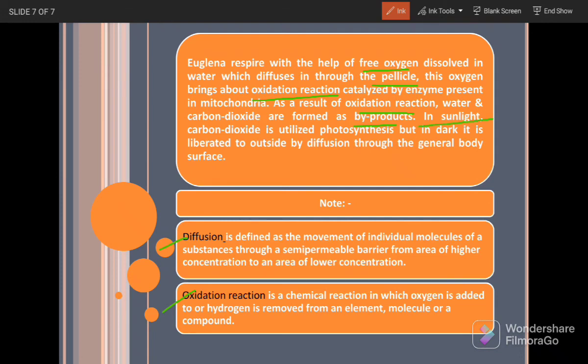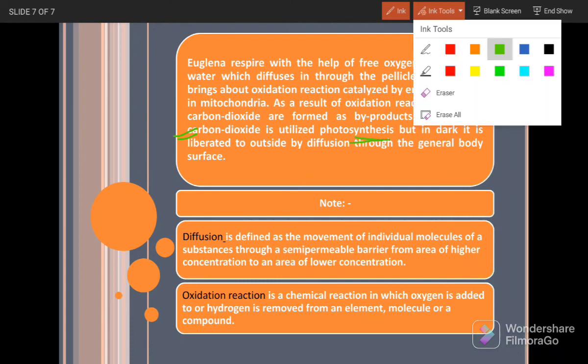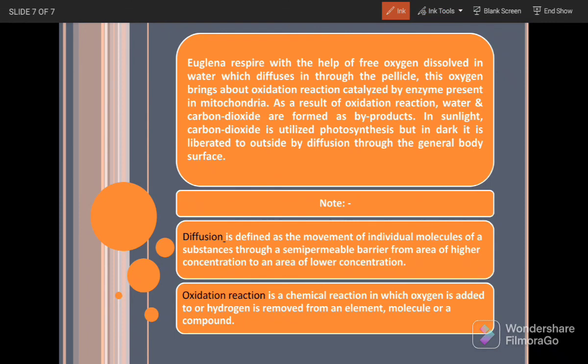In sunlight, this carbon dioxide is utilized for photosynthesis. In photosynthesis, in the presence of sunlight, the carbon dioxide is used for the process of photosynthesis. But in the dark, in the absence of sunlight, it is liberated outside by diffusion through the general body surface.